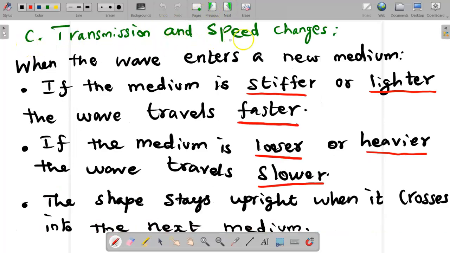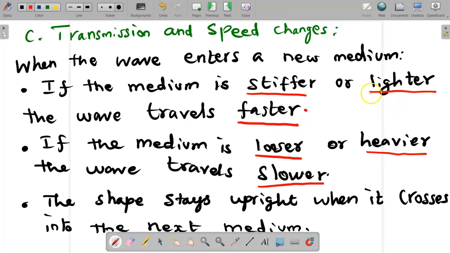C. Transmission and speed changes. When the wave enters a new medium, which means thick spring to thin, or thin spring to thick. If the medium is stiff or light, the wave travels faster. It's very important. If it is a stiffer spring, the wave travels faster, the speed is higher.